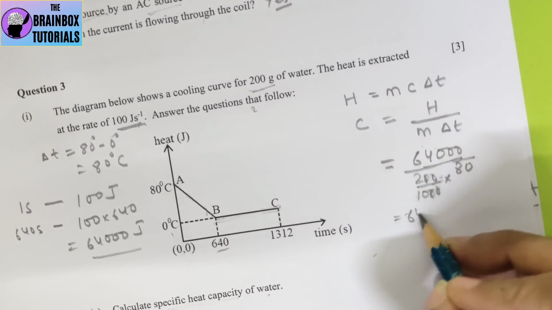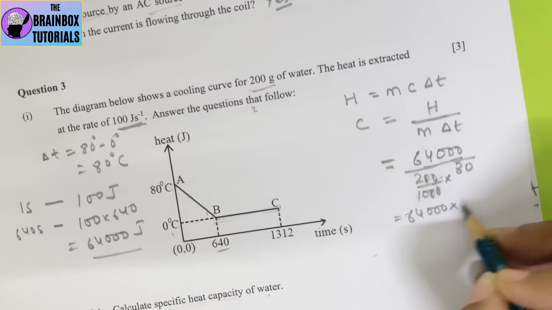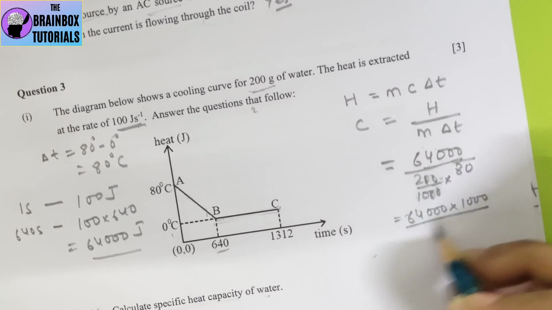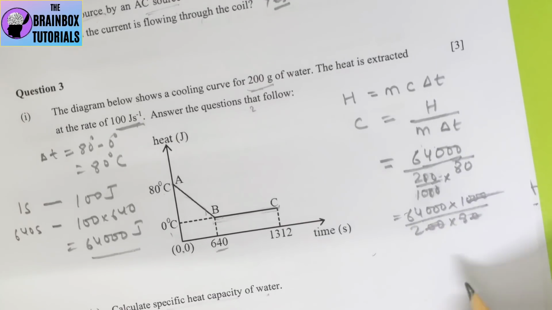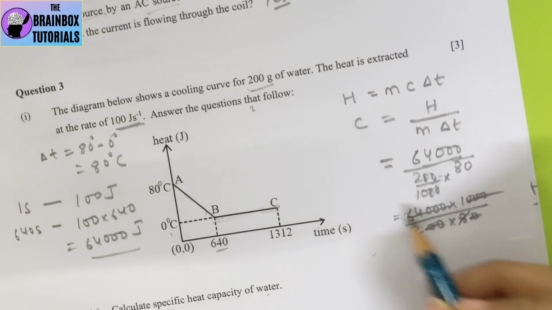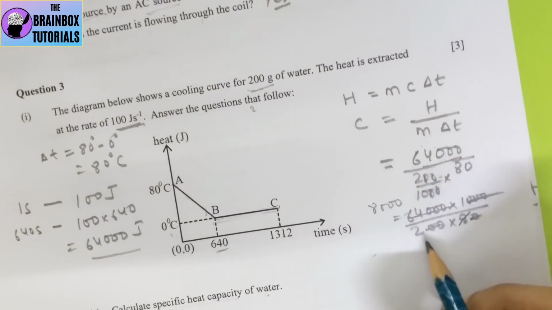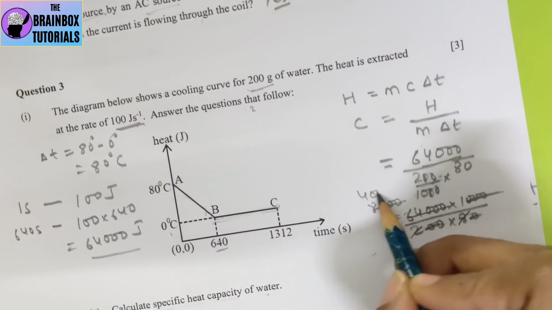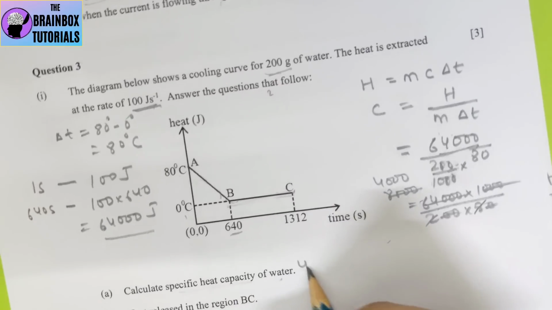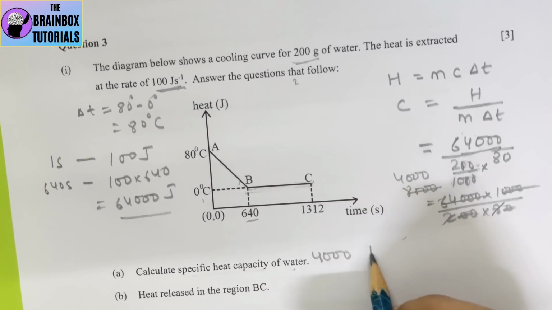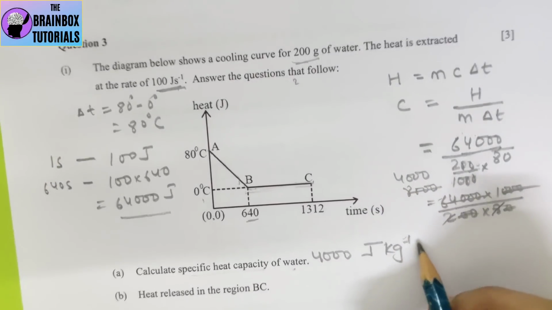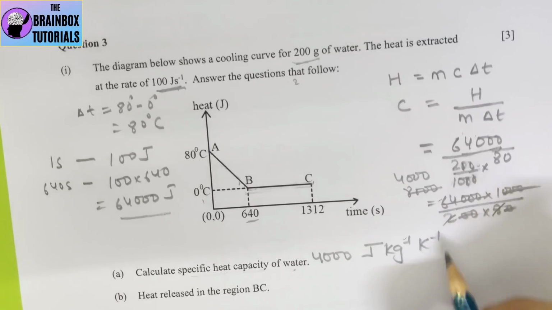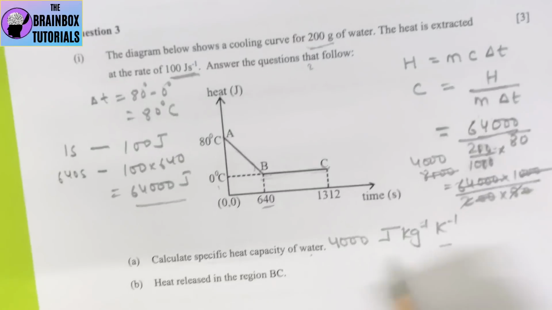So 64,000 into 1000 upon 200 into 80, 3 zeros, 3 zeros. Let's cut this also. 8,000, 4,000. So the answer is 4,000 joule per kg per Kelvin, or per degree centigrade also we can write.